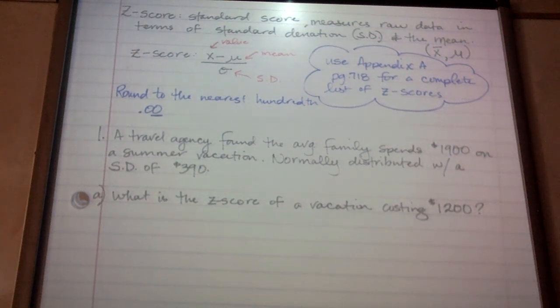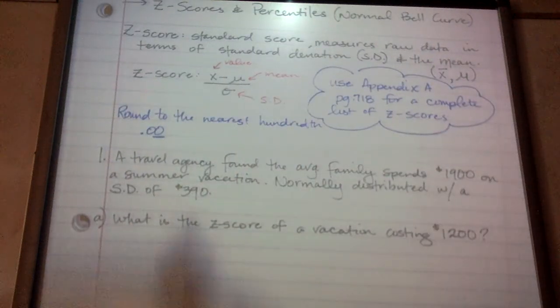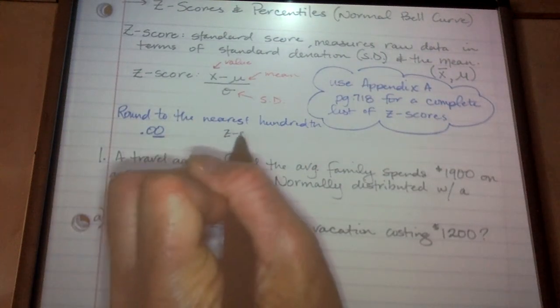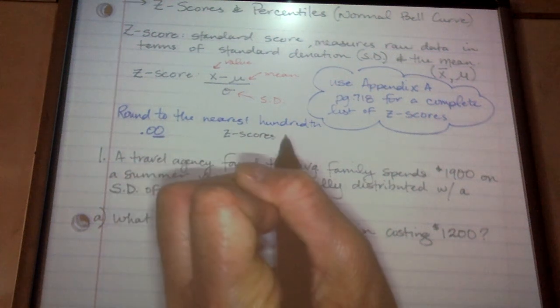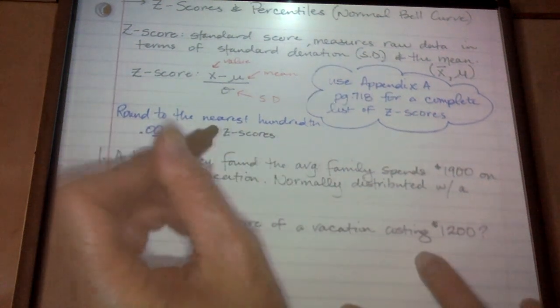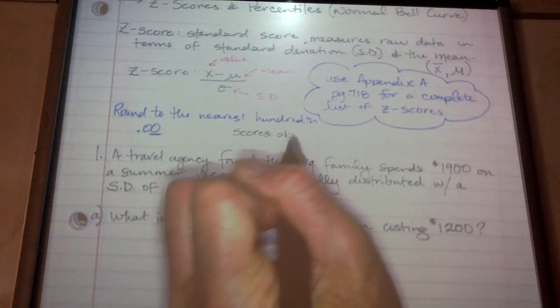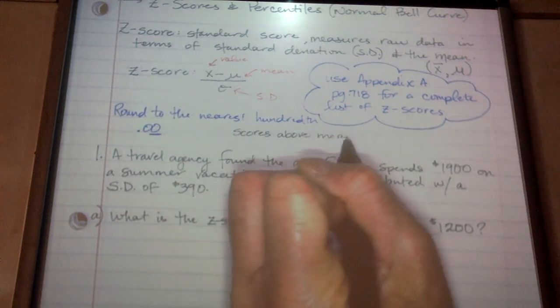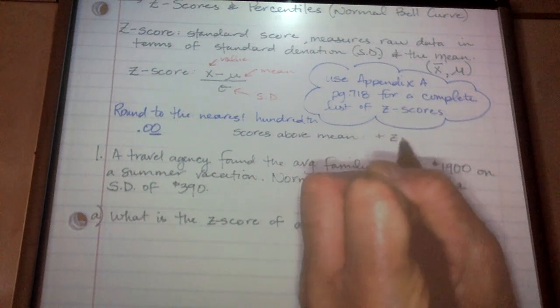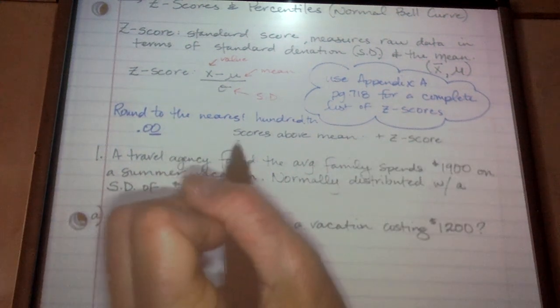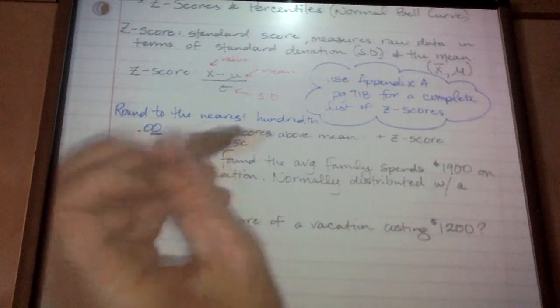Something I should have said before, and I can still put it up here: data above the mean is going to have a positive z-score.